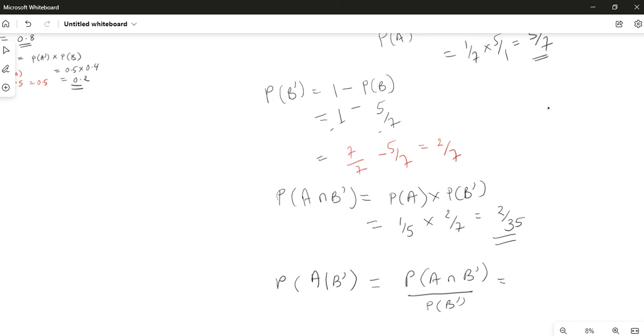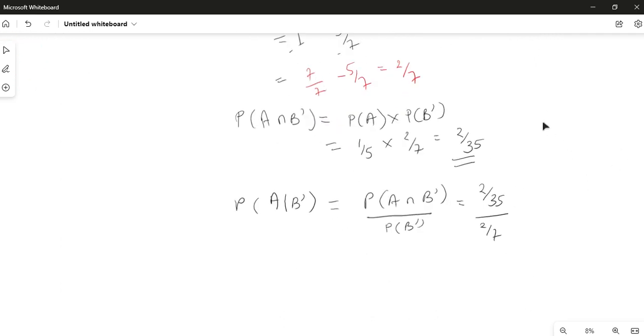So the probability of A intersection B complement is 2 over 35, divided by the probability of B not occurring, that's 2 over 7. So 2 over 35 times 7 over 2, because we are dividing here, and when you divide, the sign changes, so it becomes 7 over 2.